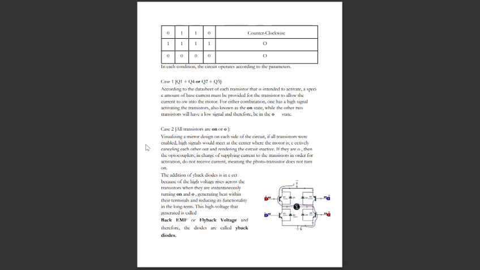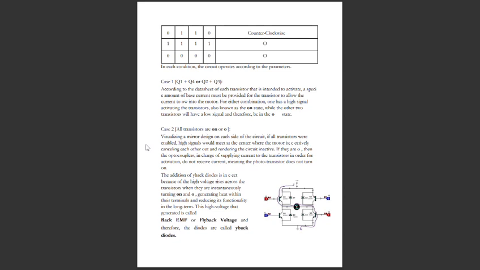If the inputs are 0, then the optocoupler, which is in charge of supplying current to the transistor, does not supply it, meaning the transistor does not turn on. In addition, we use flyback diodes, because high voltage rises across the transistors when they are rapidly switching on and off, generating heat within the terminals and reducing their functionality in the long term.